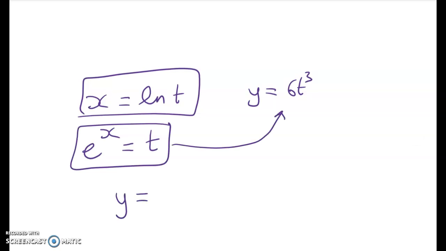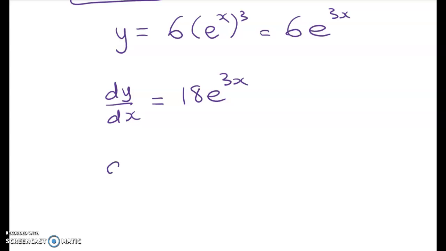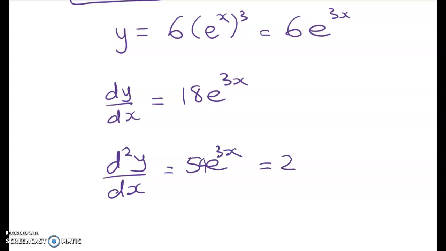That gives me y is equal to 6 e to the x cubed, which is equal to 6e to the 3x. All I have to do now is to differentiate twice and set the second derivative equal to 2. So dy by dx is equal to 18e to the 3x, and the second derivative is equal to 54e to the 3x, and we have to set that equal to 2.